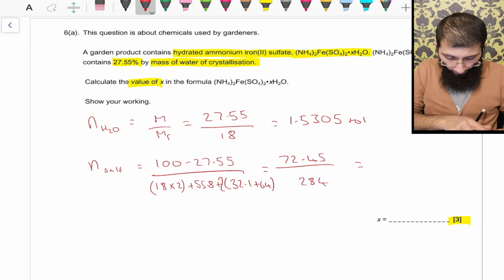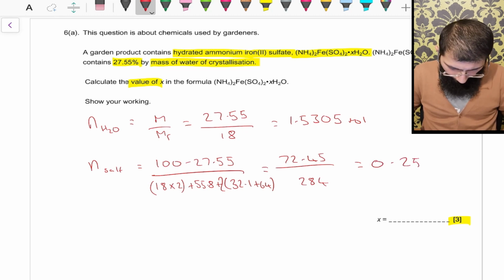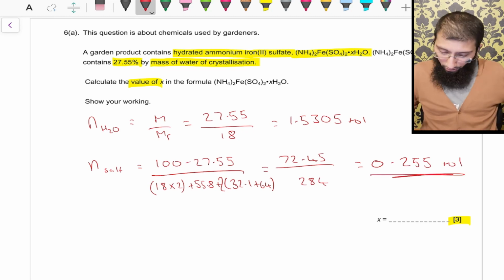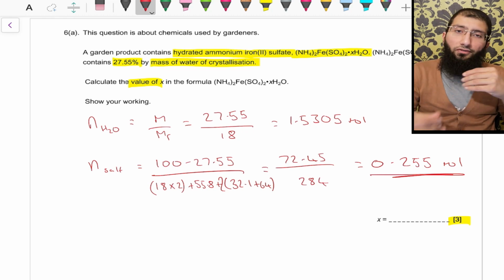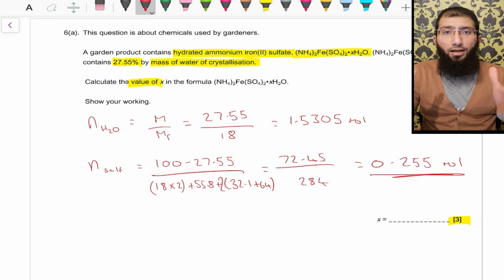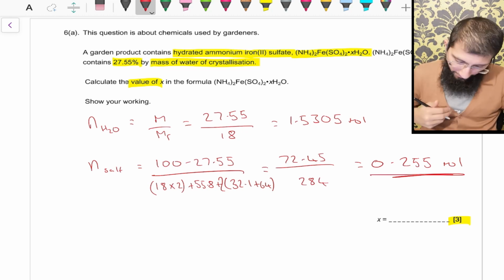So 72.45 divided by the answer gives us 0.255 mole of our salt. So we've got the number of moles of our water, and we've got the number of moles of our salt. What are we going to do? Well, we're going to work out a whole number ratio to work out what the value of X is.